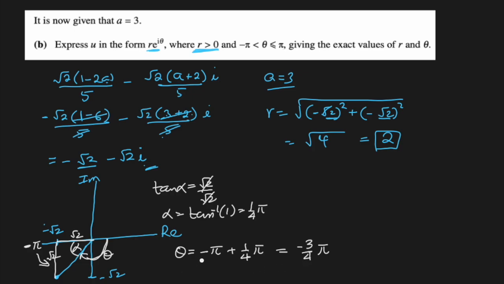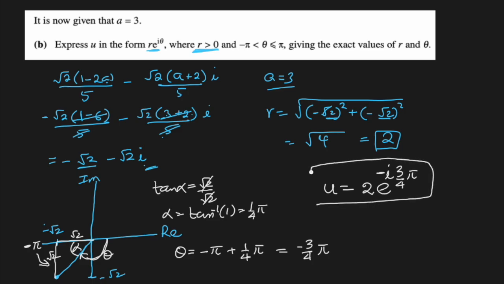This is theta. They wanted this format, r e to the power i theta. So u becomes 2 e to the power negative i 3 over 4 pi. This is the format they wanted.